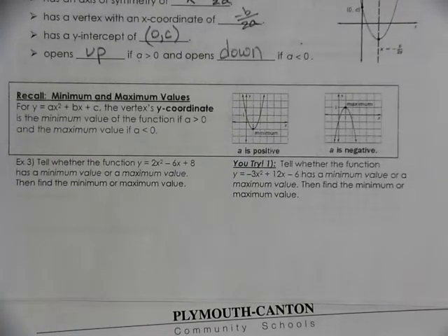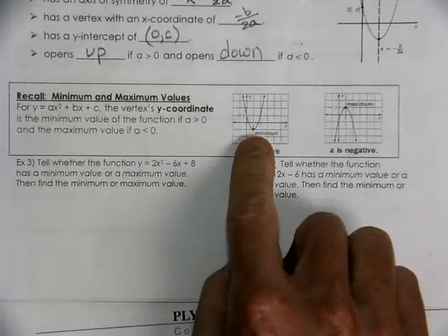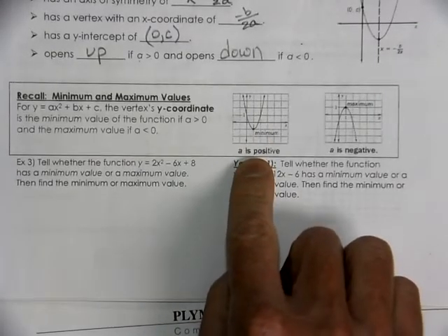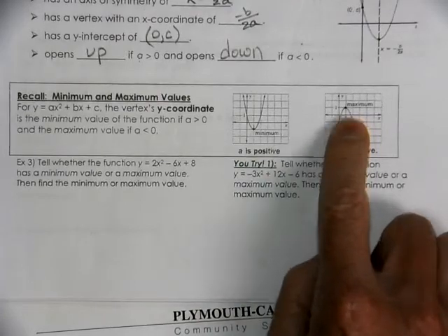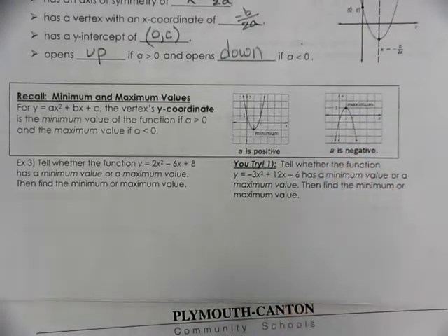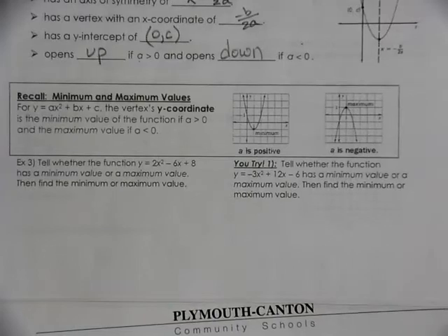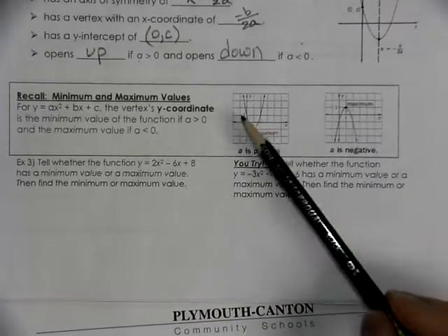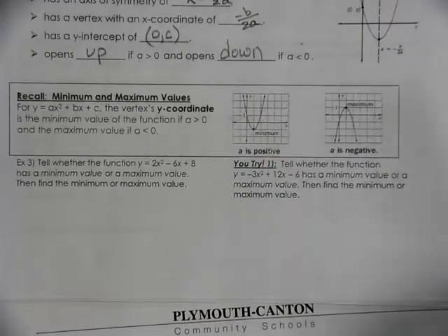So that leads us to this idea of maximum and minimum values, which we've already talked about in our other lessons: we have a minimum value when the a is positive, you have a maximum value when your a is negative. It opens downwards, you have a high point. It opens upwards, you have a low point.